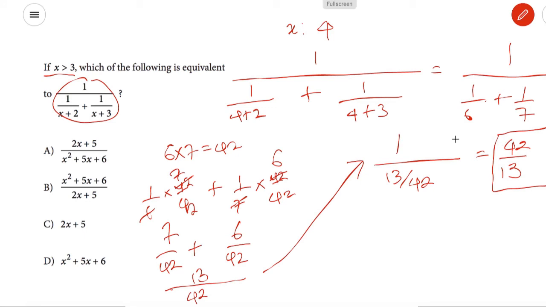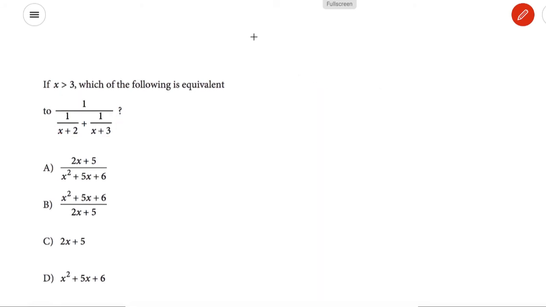The next step is to plug in x equal to 4 into each of the options, and the right answer will be the one that also gives us 42 over 13. If we plug in x equal to 4 for A, we end up with 2 times 4 plus 5 divided by 4 squared plus 5 times 4 plus 6.